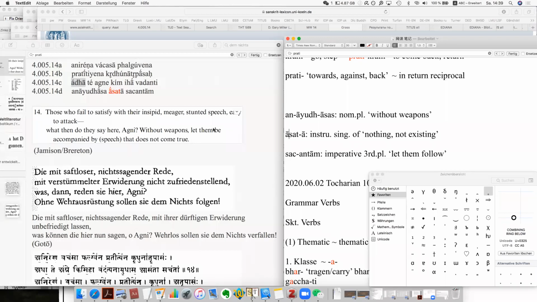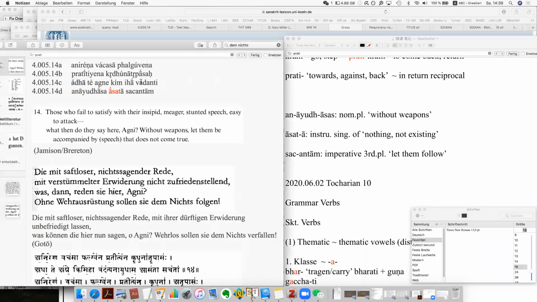And again here, be accompanied by. It is actually not passive. It's actually a medium. It's not really a passive. Okay, sachantam. So now there's a question. All the other words. So in Vedic text we have accents, right? So here is accent. Here's accent. Here's accent.